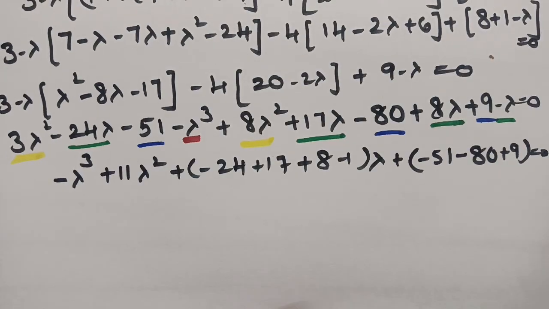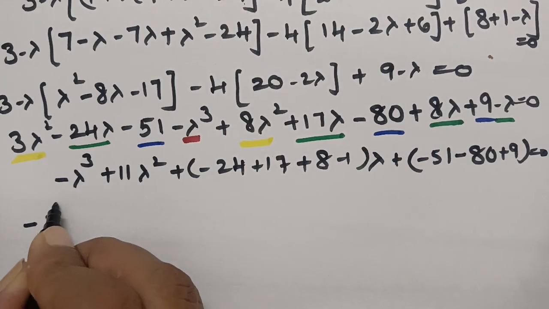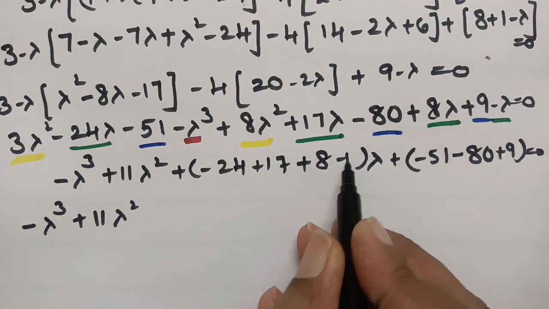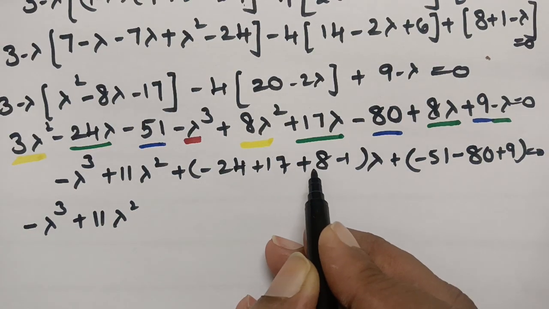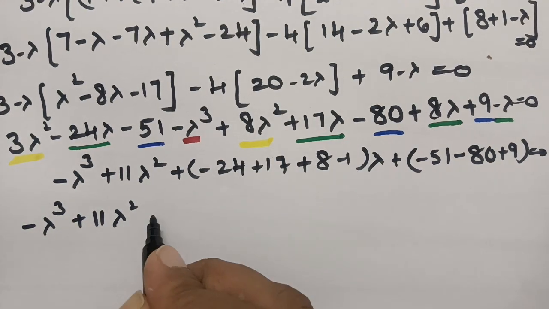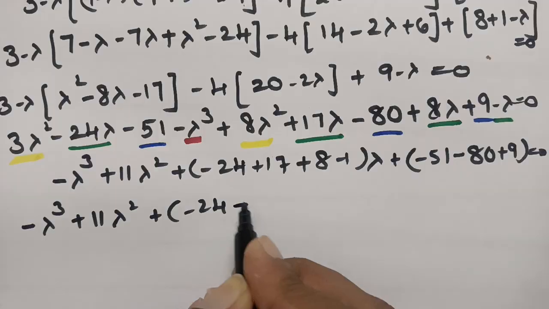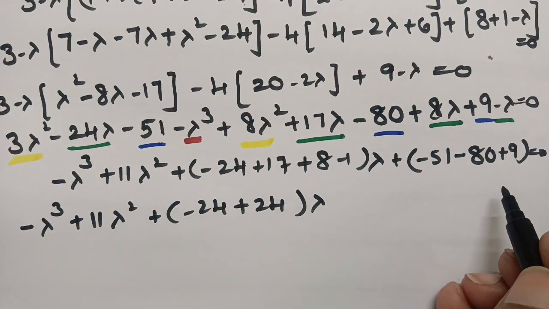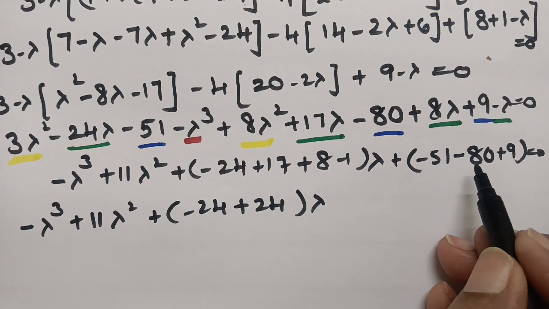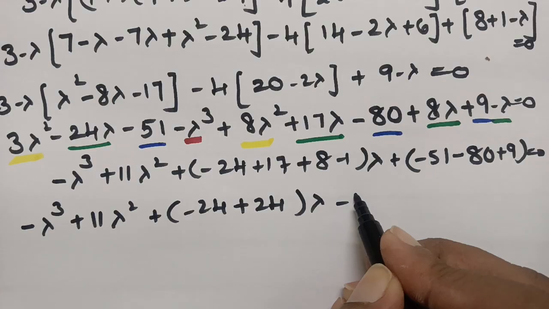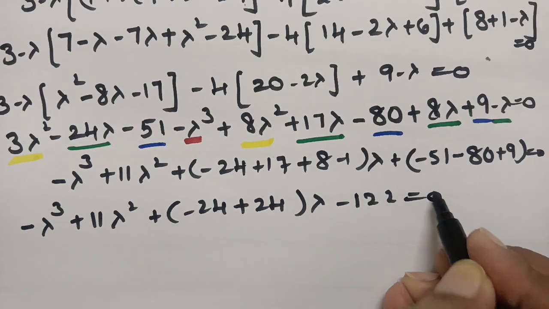Clear? And now see here, this is going to become minus lambda cube plus 11 lambda square. If you start searching, this will be 25 minus 24 plus 24, and this is minus 24. So this is minus 24 and this value is plus 24 lambda. And if you observe this one, this is minus 51 minus 80 plus 9, and this is going to become minus 122 is equal to 0.